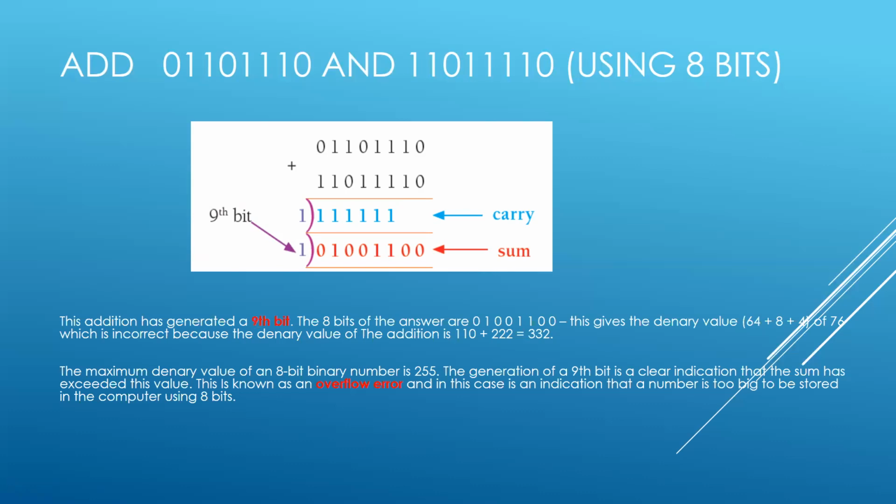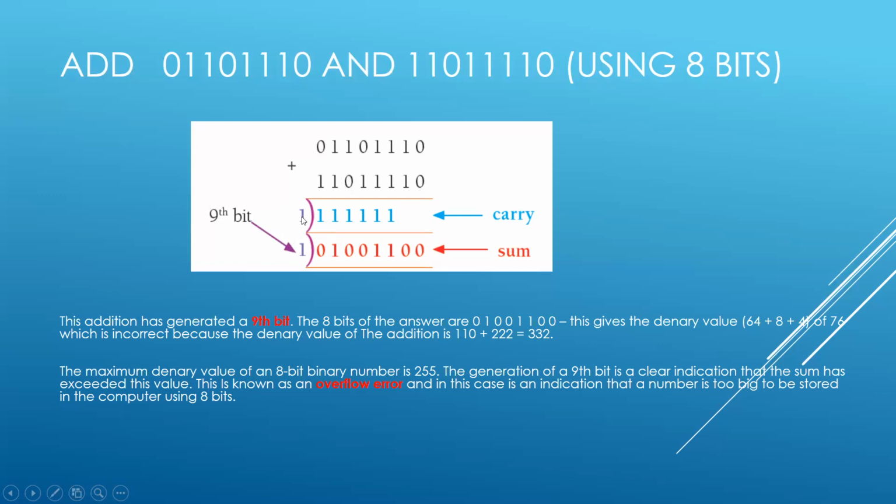And in reality, the answer of these two binary numbers, 110 and 222, should be 332. So it means that the answer is actually incorrect. So you are extending the value beyond the capacity of the byte. It is no more occupying 8 bits. It is now moving on to the 9th bit. And this is causing a problem.